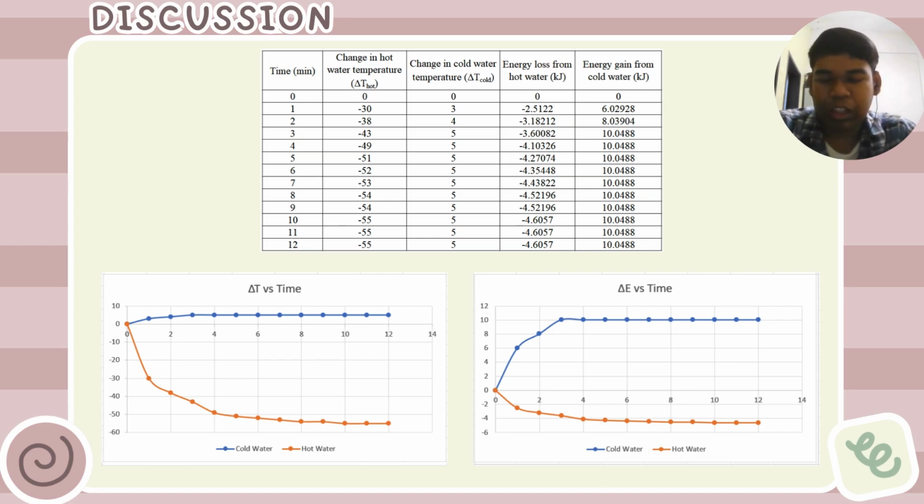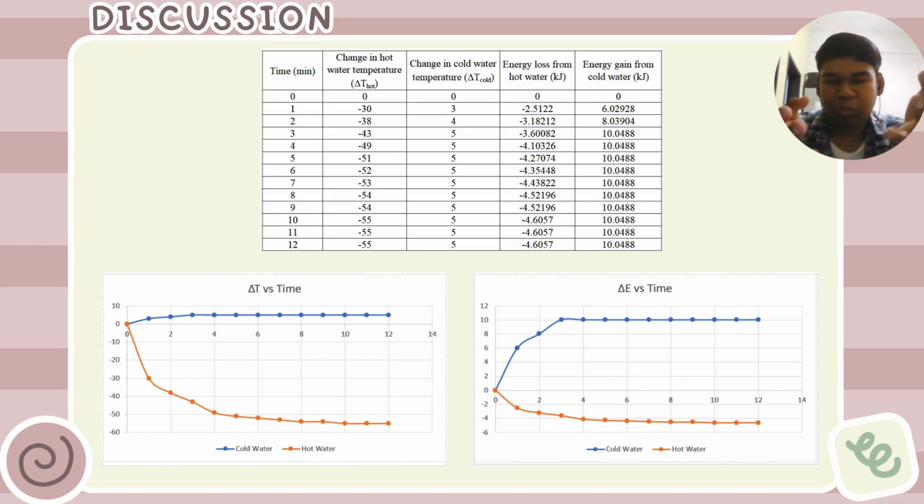On the other hand, you can see the changes of energy in the cold and hot water. And as we can see, initially there is not as much energy contained in the hot water as compared to the energy gained by the cold water.